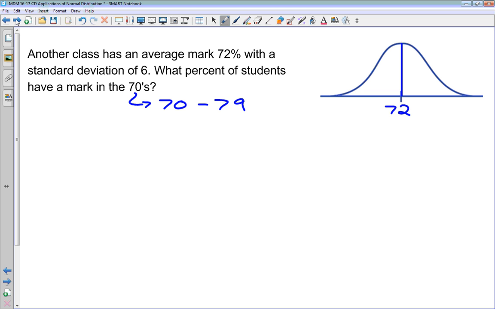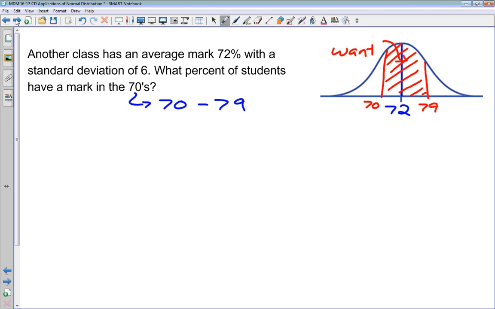A mark of 70 might be over here, a little bit below our mean, and a mark of 79 might be over here, a little bit above our mean. So this is the area between those two that we are interested in. We want that red area in there.